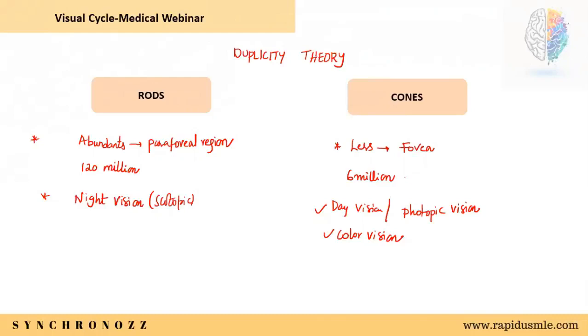So this is the duplicity theory. They are working under different kinds of illumination. Rods are working at night time, cones more predominantly in day vision. This working maximal condition of rods and cones in different kinds of illumination is explained by the duplicity theory.